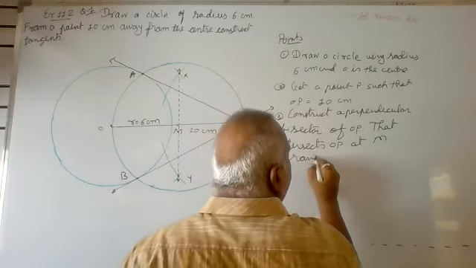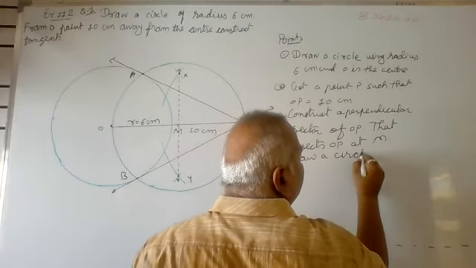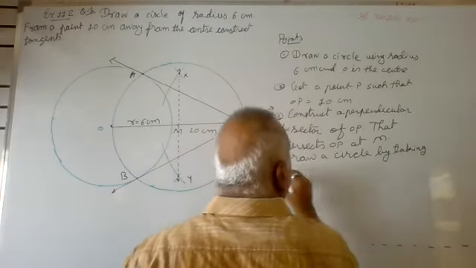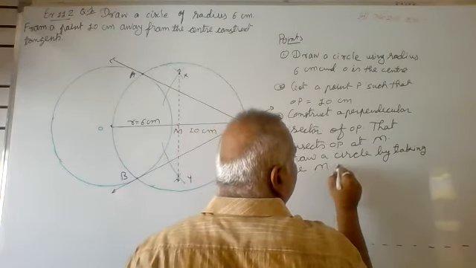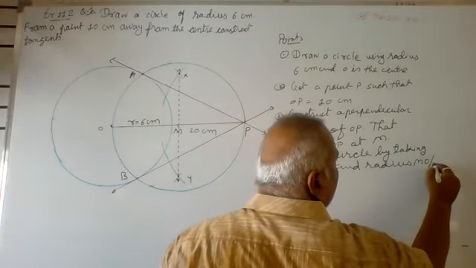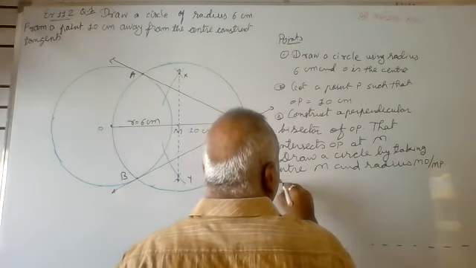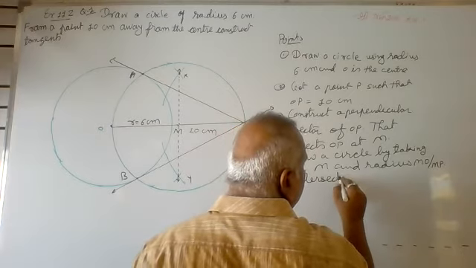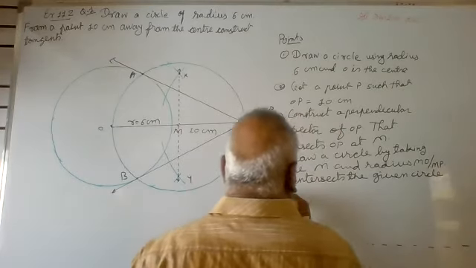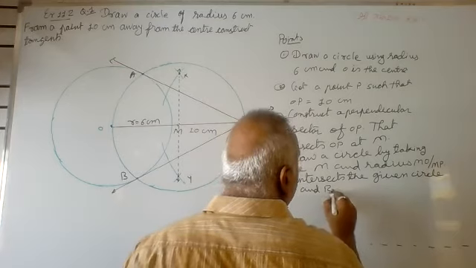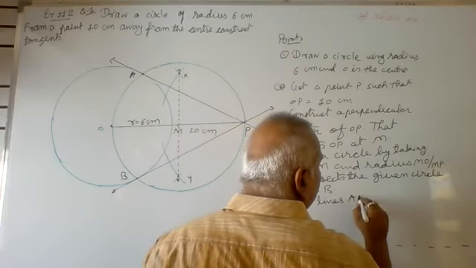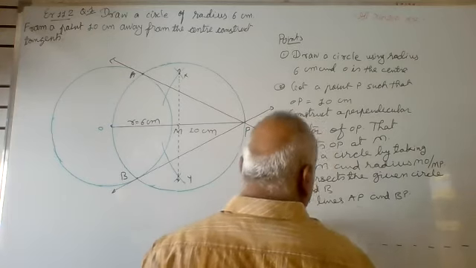Draw a circle by taking center M and radius MO or MP that intersects the given circle at A and B. Draw lines AP and BP.